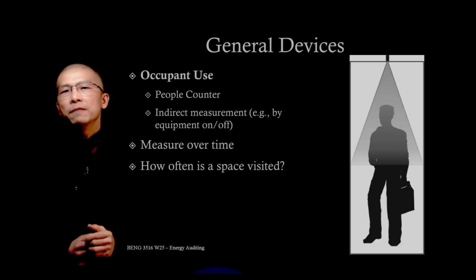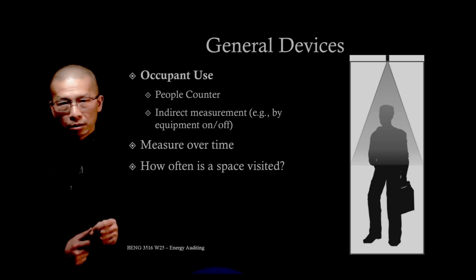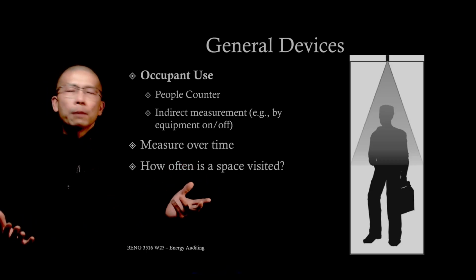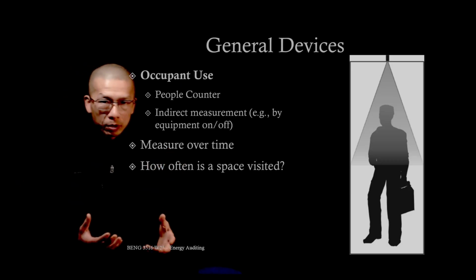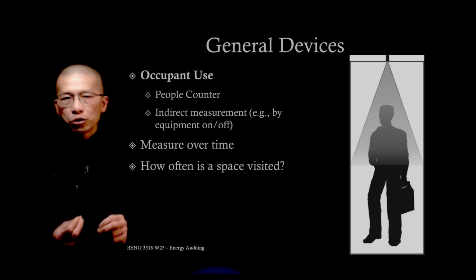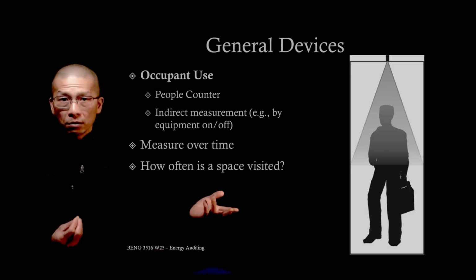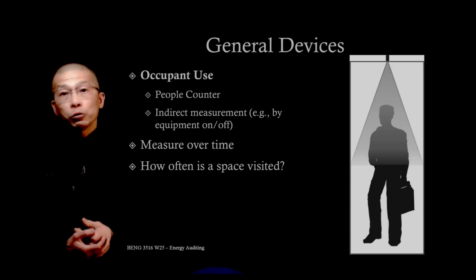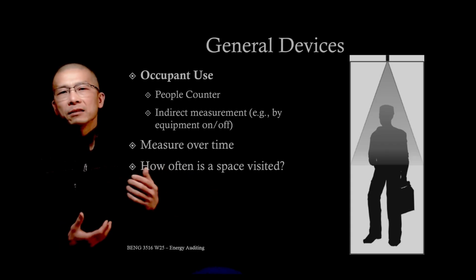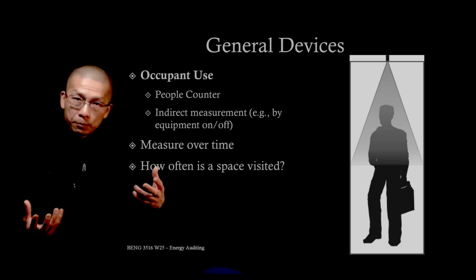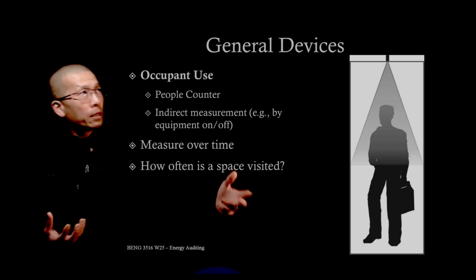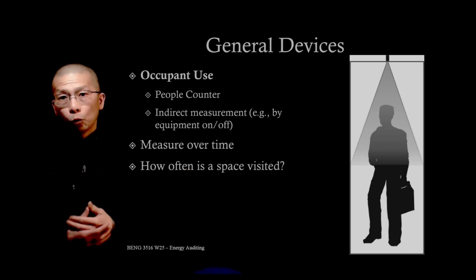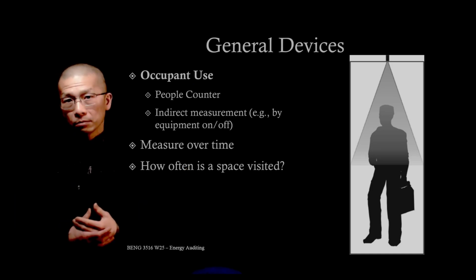Here shows an infrared people counter, right? People don't consume energy, but they drive load. Occupancy can be measured by a people counter, or can also be inferred indirectly from equipment runtime and sensor activations. You have probably walked into a classroom and the lights just turned on. Right? And why do we count people?